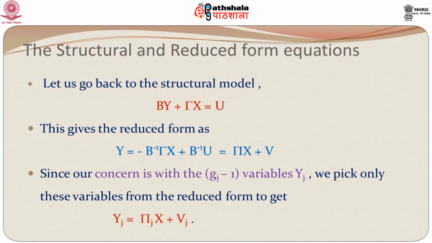Some of these y's would actually be the Y_j's that we have in the jth equation. So, we only pick out those Y_j's, and now we can write the Y_j's as equal to pi_j x + v_j. Correspondingly, we also pick up the pi_j's. So, we have only these G_j minus 1 variables picked up from the whole reduced form, and we have the equation Y_j = pi_j x + v_j.